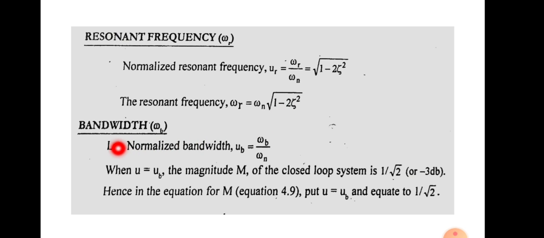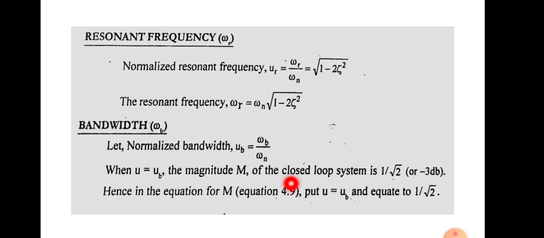Next, we want to find out the bandwidth, that is omega b, and we have the normalized bandwidth ub equal to omega b divided by omega n, and the frequency domain specification is omega b. So we want to find out the value of omega b, and we know that when u equal to ub, the magnitude of the closed loop system is 1 by root 2.